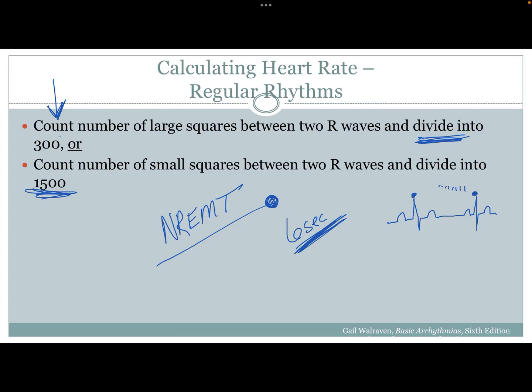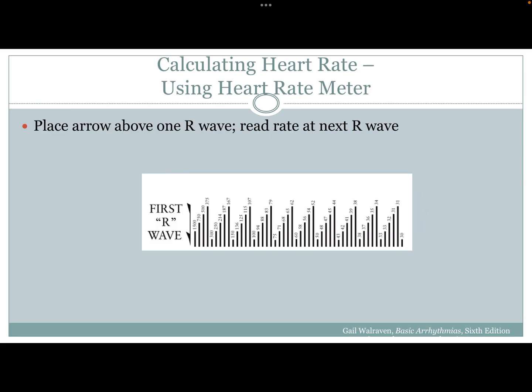Just remember that you can either get a really solid, accurate number by counting the number of small blocks between those two R's and dividing it by the 1500, or you can get a roundabout average amount by counting the big blocks at 300. You can also use a heart rate meter where you place the R wave.